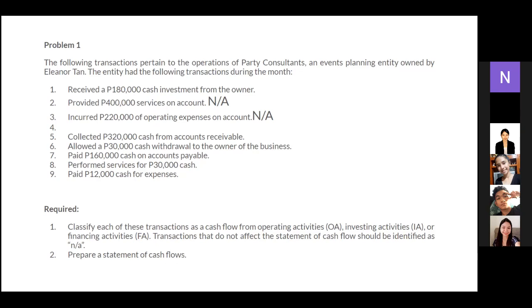And sa number 3 naman, incurred 220,000 pesos of operating expenses on account. So, on account din siya, ibig sabihin, no cash involved. Ang magiging entry natin dyan is operating expenses sa debit and sa credit natin is accounts payable. So, ayun lang yung gusto namin i-clarify, since baka kasi hindi nyo siya nabasa sa chat box.